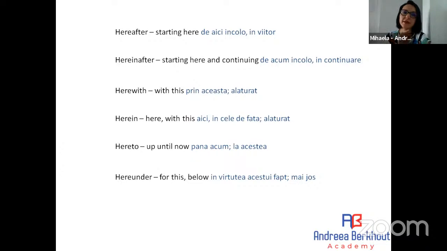Okay. Well, as I said, this is a group of words that we would use. The first group that we are talking about, and we will talk about another group of words which are similar to these ones, but in a different class.